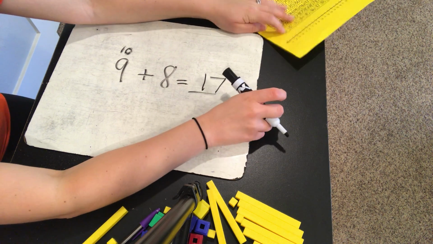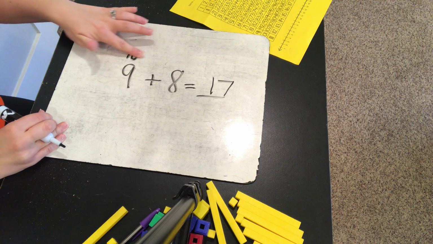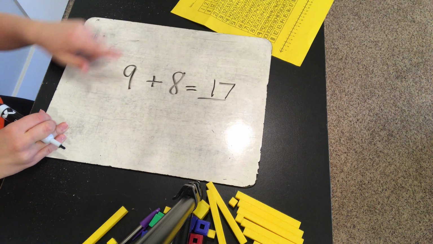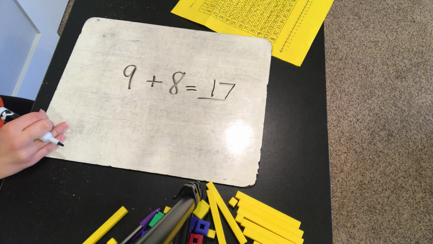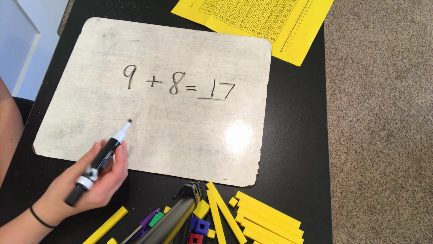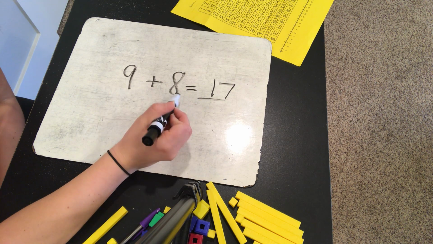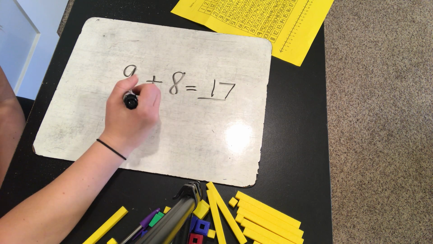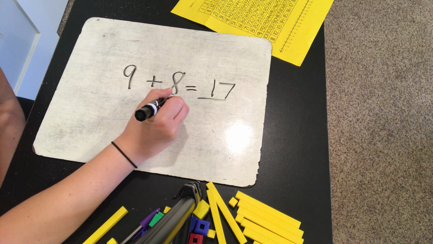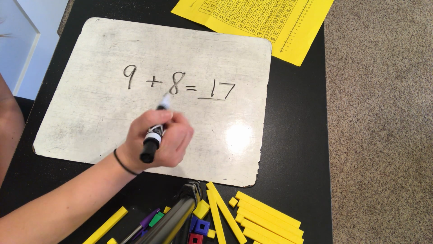Now, you could have used another strategy to solve this problem as well, and I'm just going to talk to you about it really quickly, then we're going to move on. You could also see that this problem is one that you could do double +1 or double -1 on. So you could say, ooh, 8 and 9 are close together. I can double and add 1. So 8 plus 8 is 16. 1 more is 17.